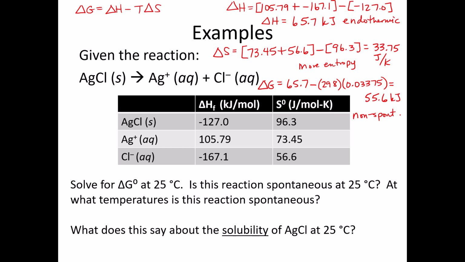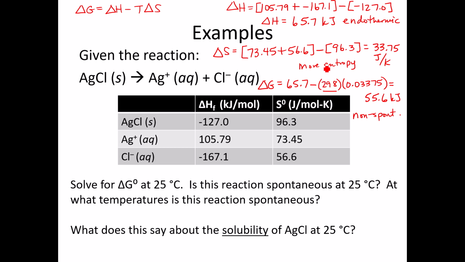And if I think about changing the temperature, is it possible that this reaction will ever be spontaneous? And the answer is yes. If we imagine changing this 298, as this number gets larger, eventually this part of the equation, the T times delta S, will become larger than the delta H, which means delta G will become negative.